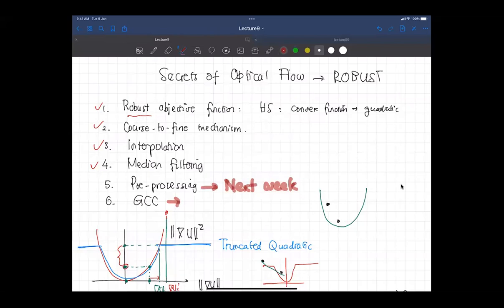But GCC will not, because the gradient under the shadow and the gradient outside the shadow will be the same. So that's why under this change of illumination, GCC is more robust than BCC. So that's the basic concept of GCC, that the gradient of your pixels should be kept, should be constrained.